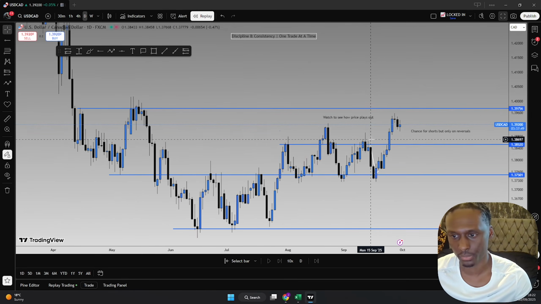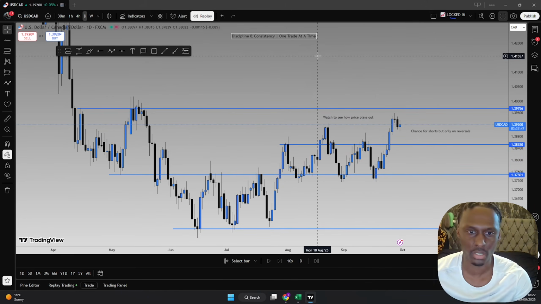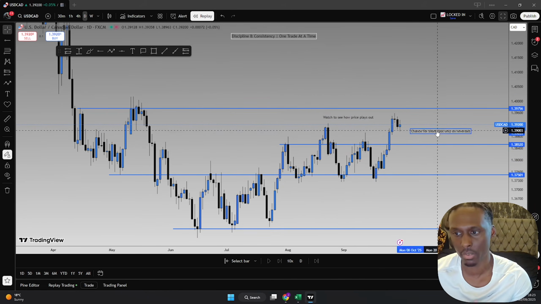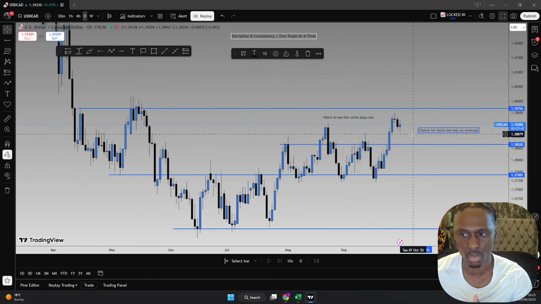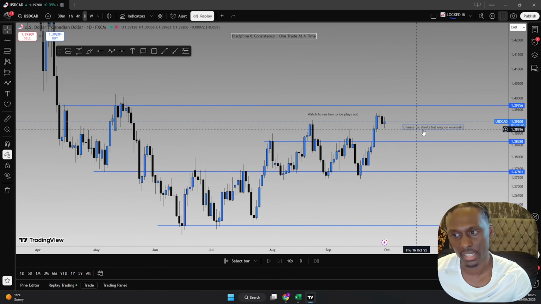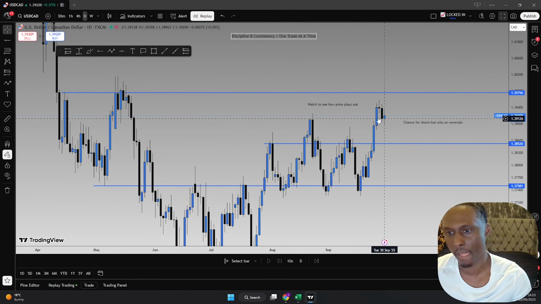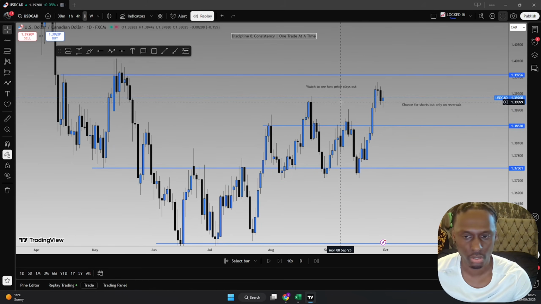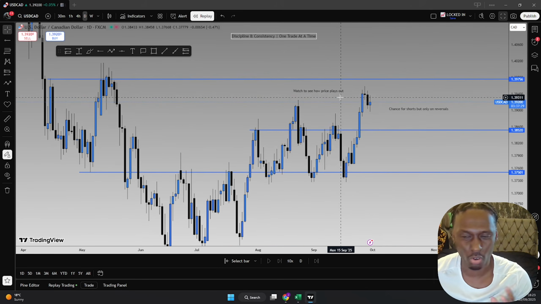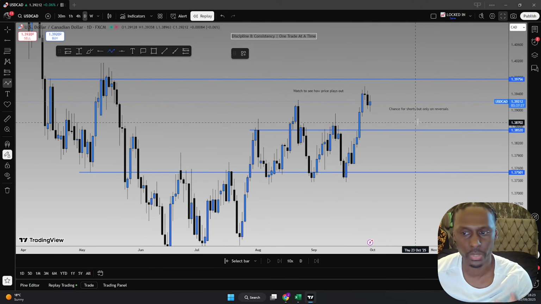Then to the daily. And this is something I do because I'm comfortable with it. So as you can see here, I said I've got a chance for shorts, but only on reversals. Because I know the weekly structure is bullish, and I know the overall market structure is bullish, the only way I want to look for shorts is if we get a reversal.